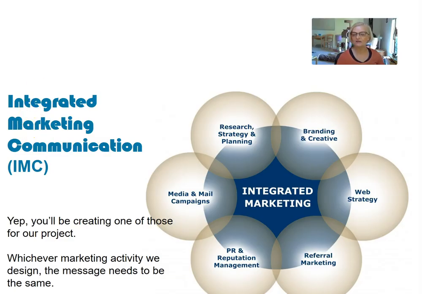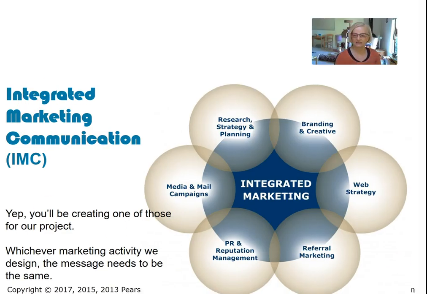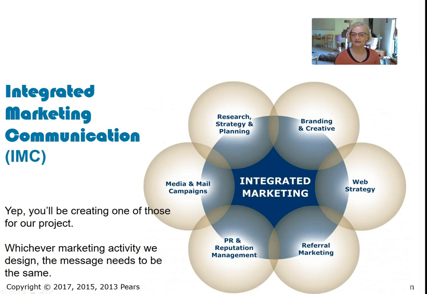Here we have an image that helps us understand how everything works together. So once we have our idea about the positioning, about the segment of customer and everything, then all the kinds of marketing that we're doing need to communicate the same message.